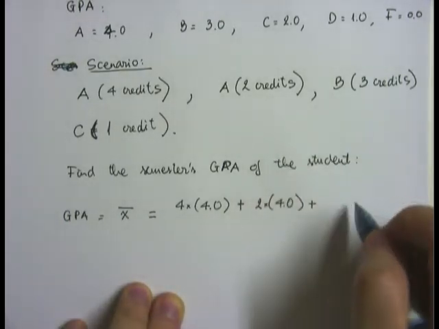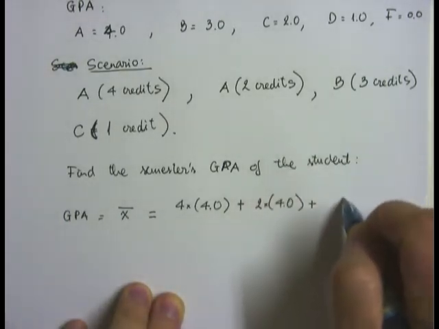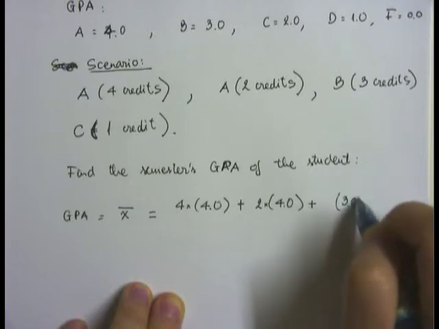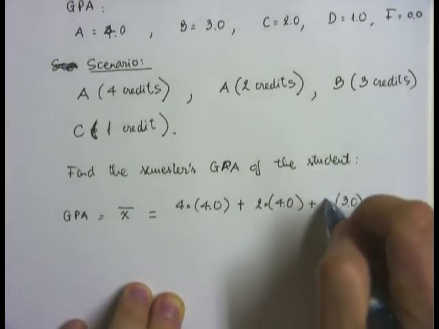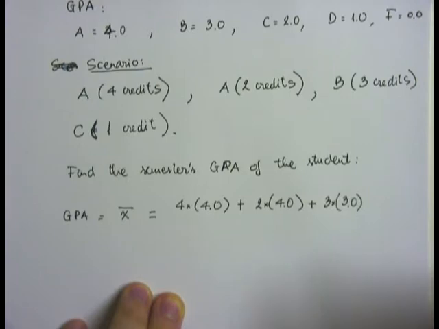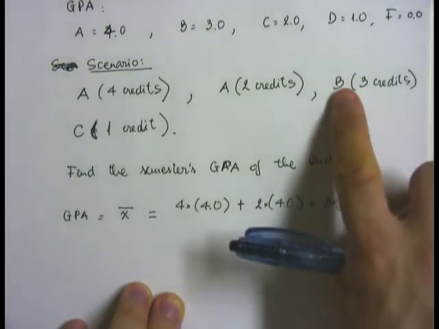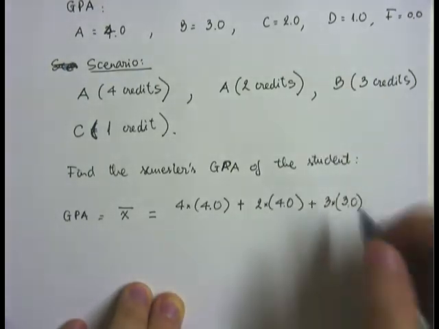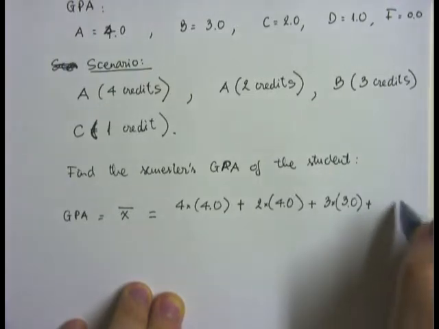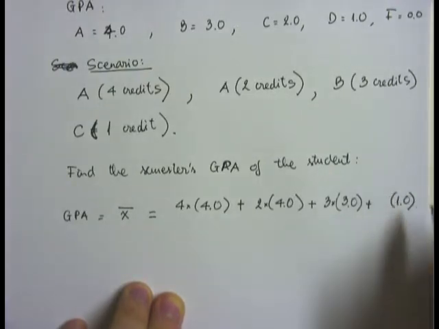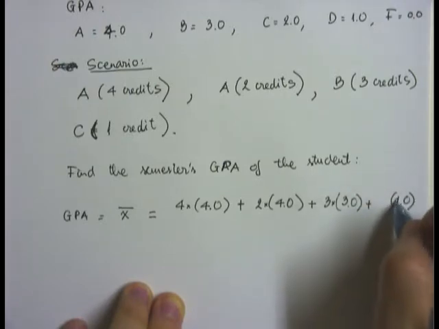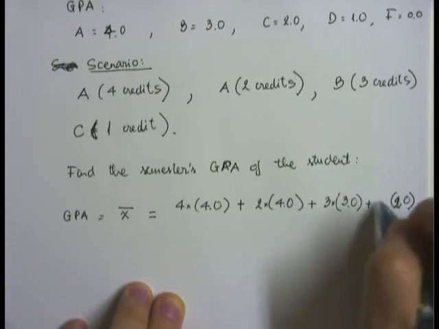We have a B, which is equivalent to 3.0, and the weight for that B is 3, so we multiply by 3, because the B is for a 3 credit class. And lastly, we have a C, which is 2 grade points on the scale, but the weight for that is 1.